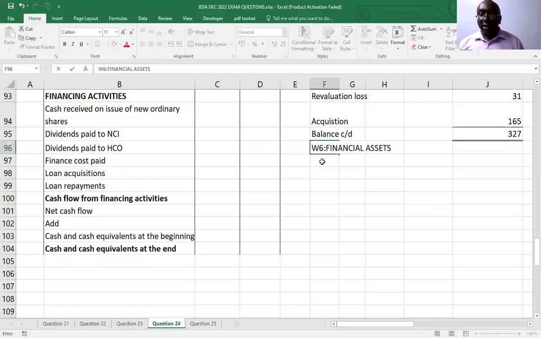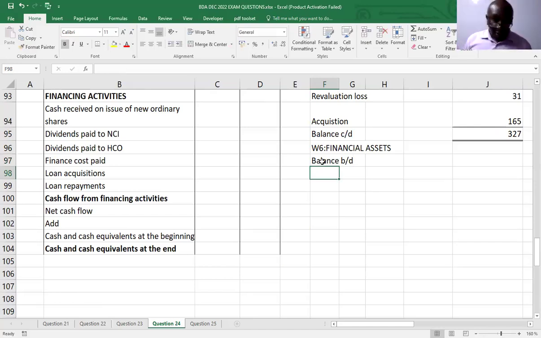For the financial assets, we will just work the same way like we have done there with the others. So we will say balance brought down. Then we will get the revaluation. So we'll bring the revaluation.